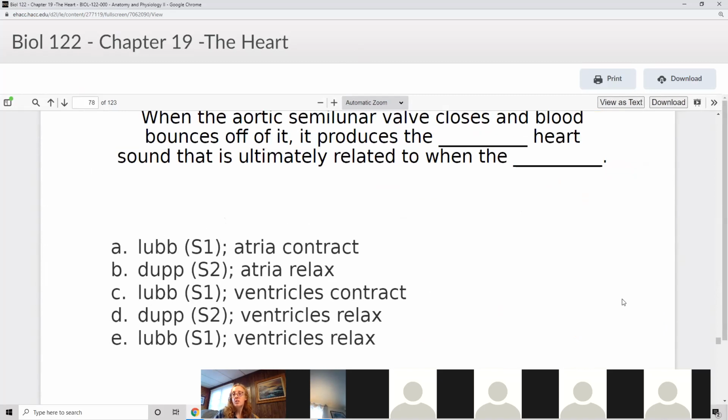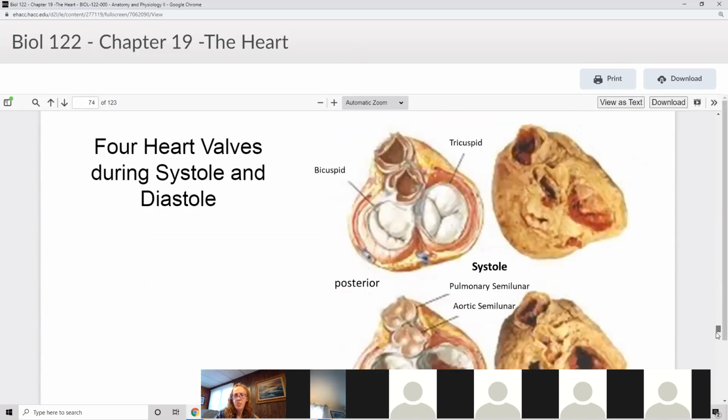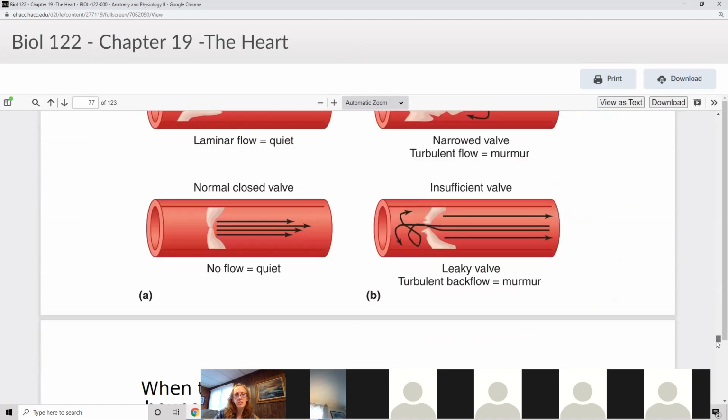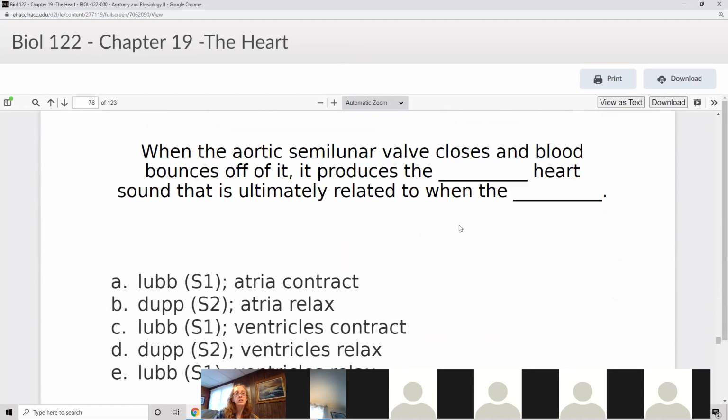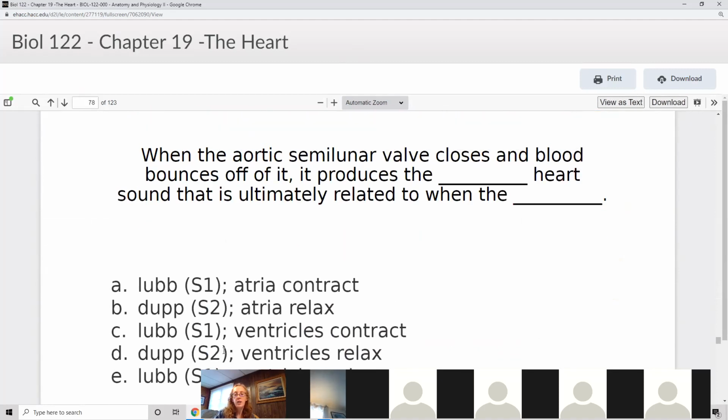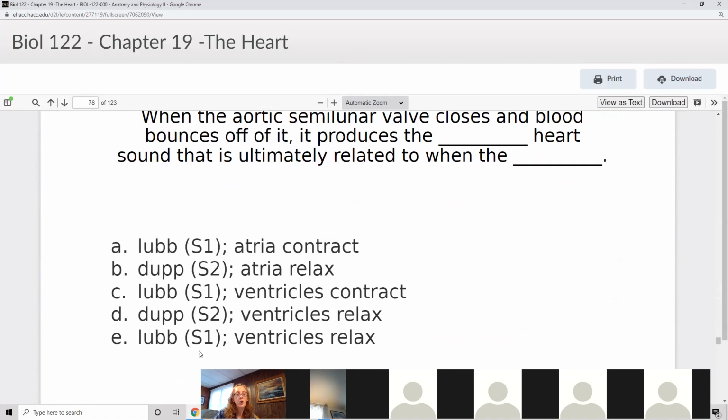Okay, so this question: when the aortic semilunar valve closes and blood bounces off it, it produces the what sound that is ultimately related to when the what happens?